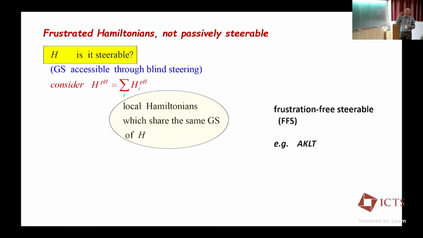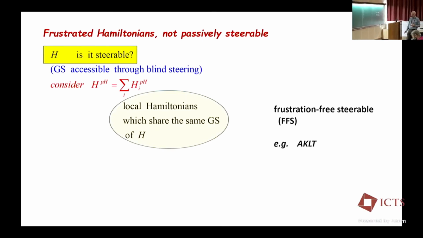And before I raise the question and try to answer, I need to invoke the notion of frustrated Hamiltonians. So I apologize for using the word frustration, which is used in different contexts, classical statistical mechanics. Here it assumes very, very definite meaning. And you may protest that I use this language, but it's used there.